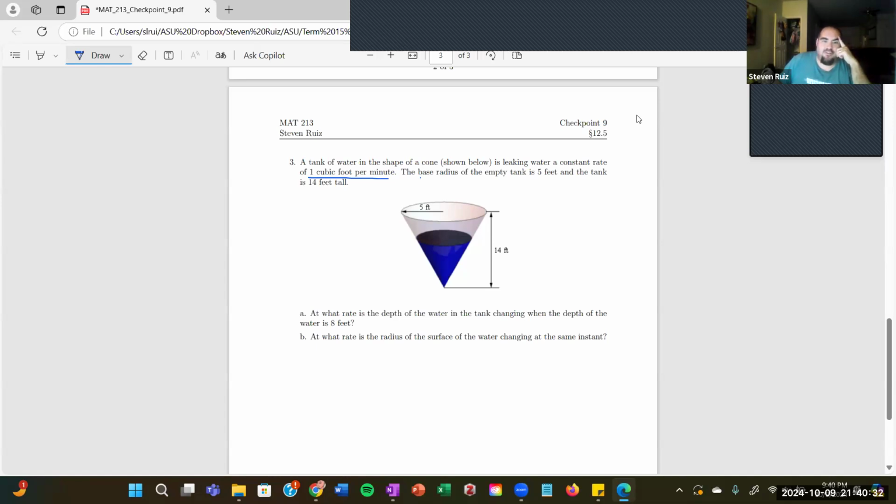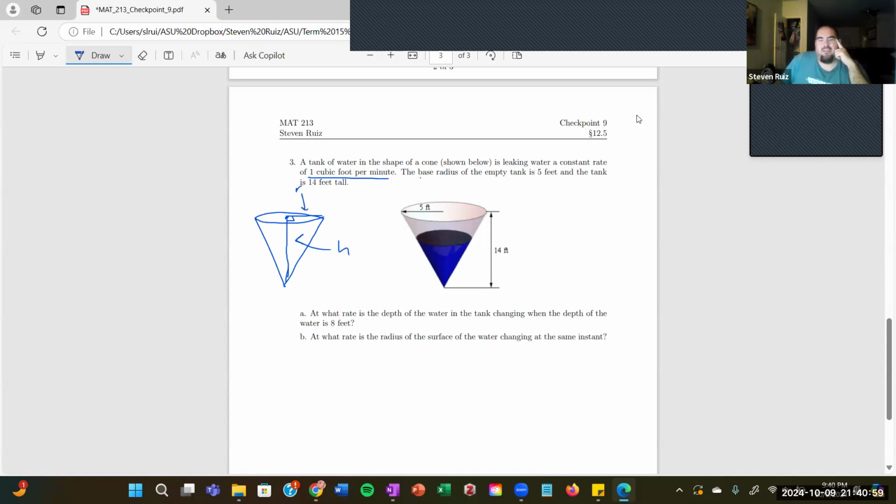So I'm going to draw another cone. And here's the variable I'm going to deal with. I'm going to draw a straight line, maybe. You know what? That's good enough. I'm going to call this H, and I'm going to call this right here R.